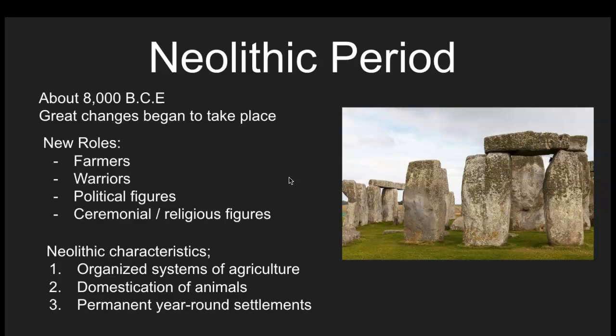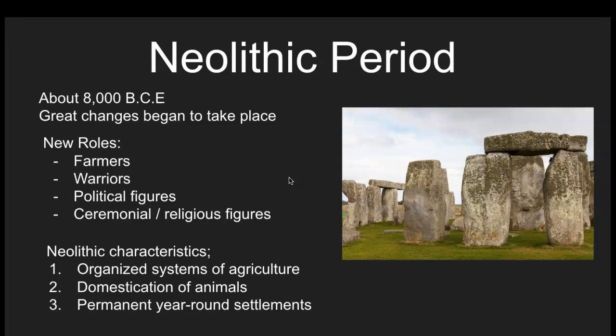peace. So there are certain characteristics of the Neolithic period, and there's kind of standards for how scholars decide that a certain society has moved into the Neolithic period, the Neolithic revolution. Because as I mentioned, this happens at different places at different times, and a lot of this is dependent on what the environment has produced for them.